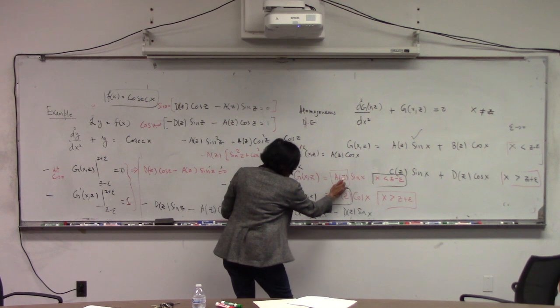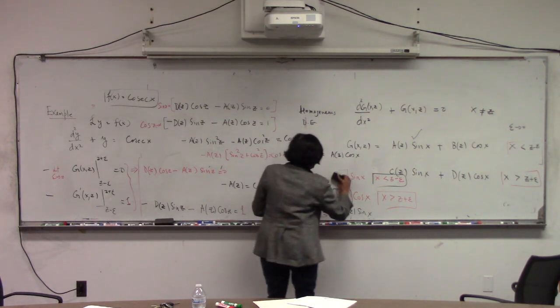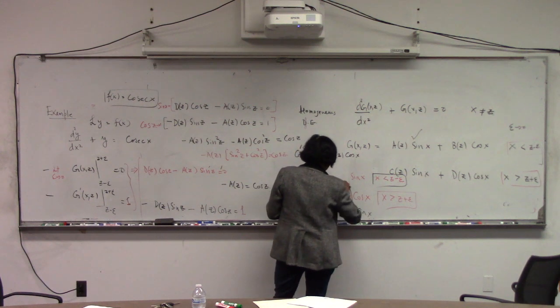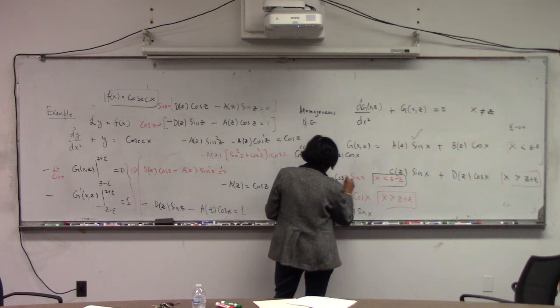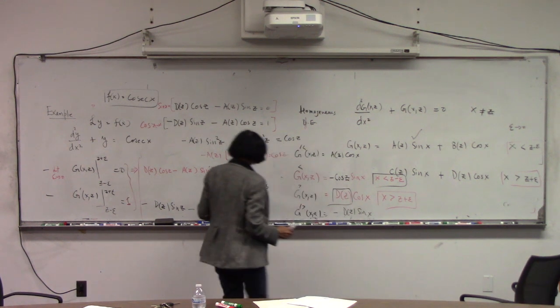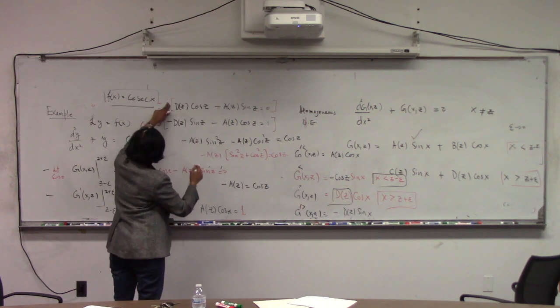So I now have the functional form, which is negative cosine z. I can substitute here, and it becomes minus cosine of z sine of x. Once you have az, I can calculate dz because it's a very simple equation.